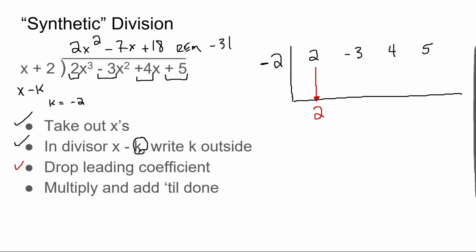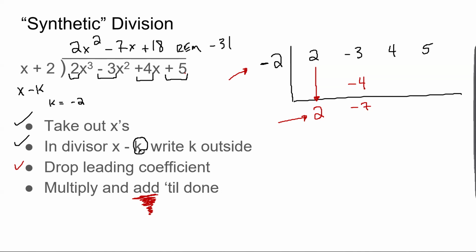We take the negative 2 and multiply that by the 2. Negative 2 times 2 is a negative 4. So that's going to go right there. Next up, we're going to add. When we did it the other way, we subtracted, but now we're adding. So I multiplied and I add. Negative 3 plus negative 4 would be negative 7.